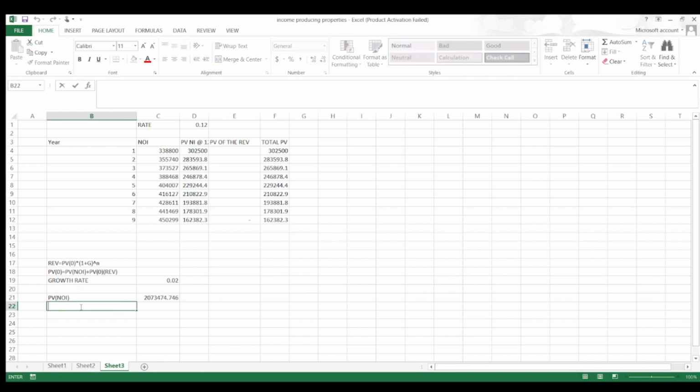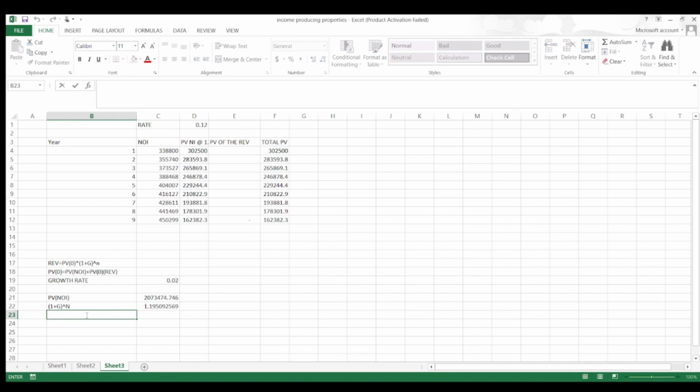What we also have is 1 plus g raised to n, which in this case is simply 1 plus 0.2 raised to 9.